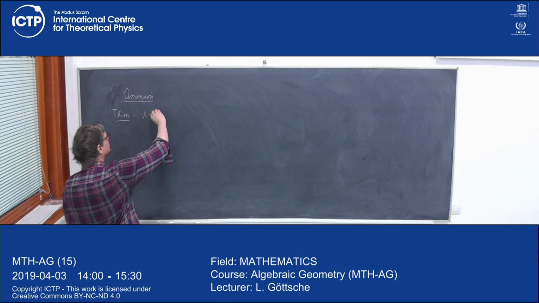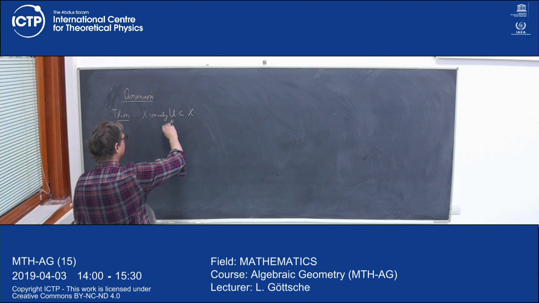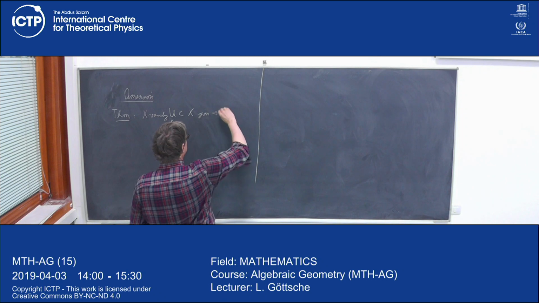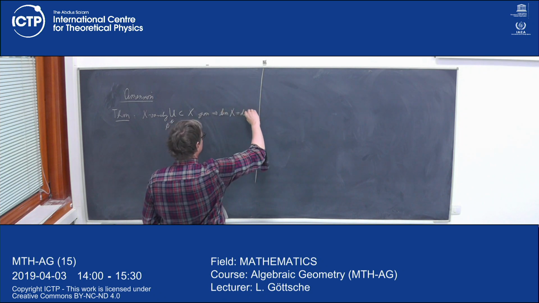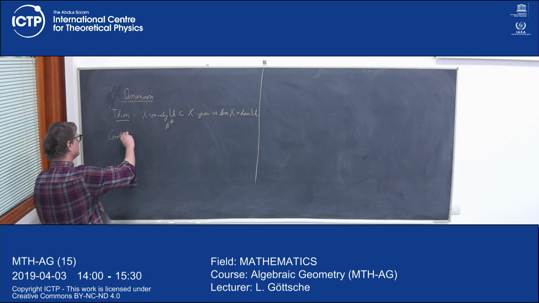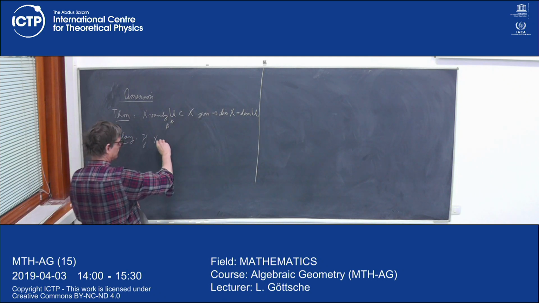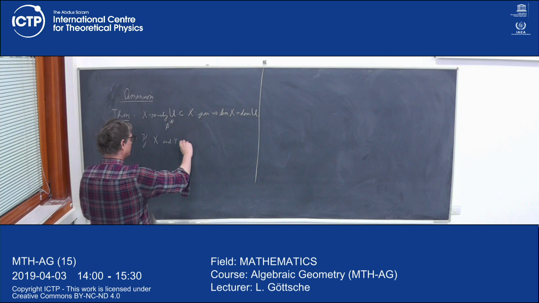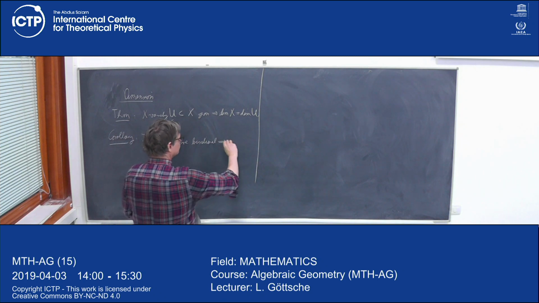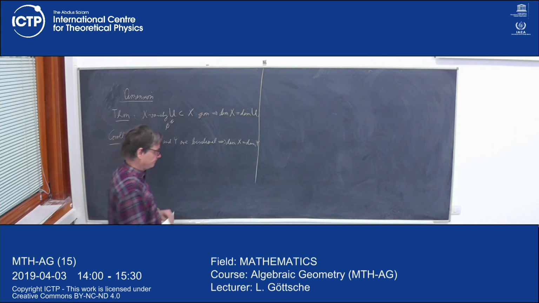So X a variety, U in X open and non-empty, obviously, then it follows that the dimension of X is equal to the dimension of U. And I didn't explicitly state it, but an obvious corollary is: if varieties X and Y are birational, then they have the same dimension.